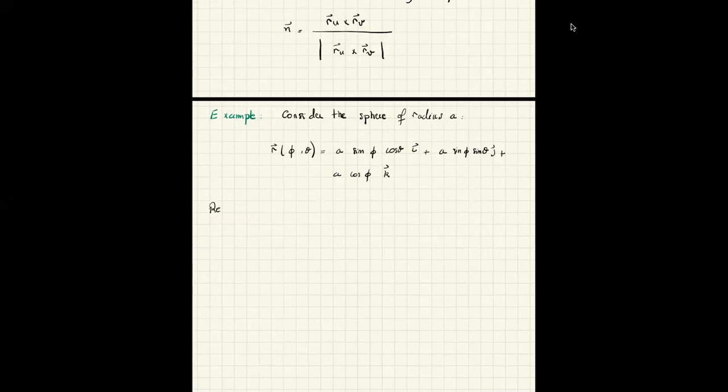Recall that r_phi times r_theta, remember when you did the calculation, it gave us this.